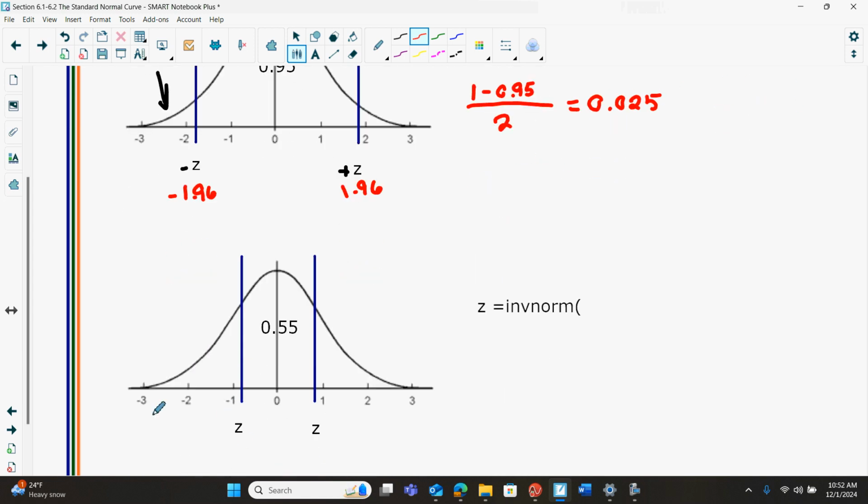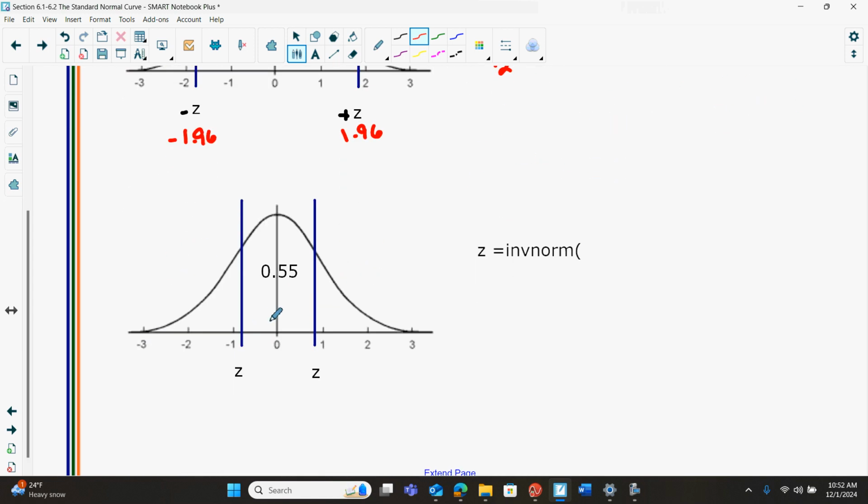Okay, last one here. Now we're given that the area in between these two z-scores is 0.55. Again, these two are the same thing. So we're going to do 1 minus 0.55. That gives us the area of both of these tails, but I only want this one, so I have to divide by 2.